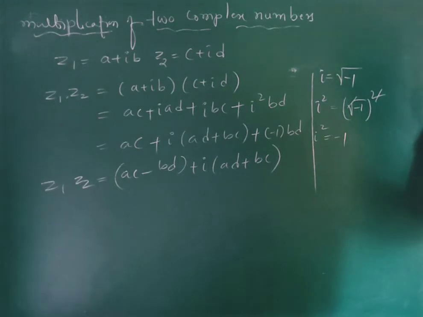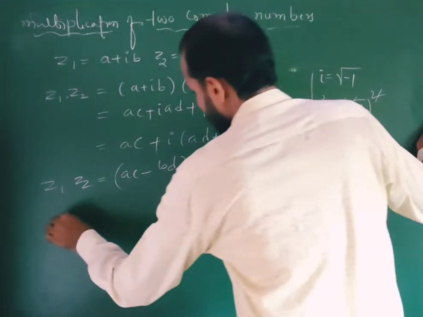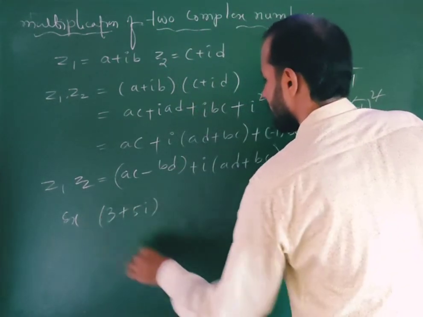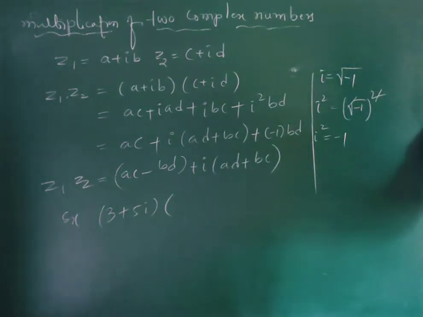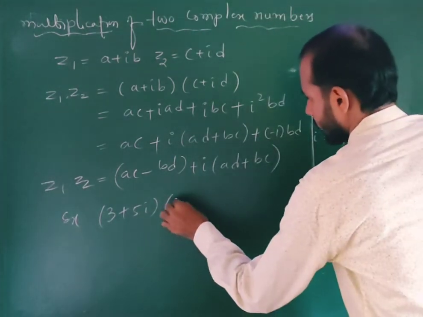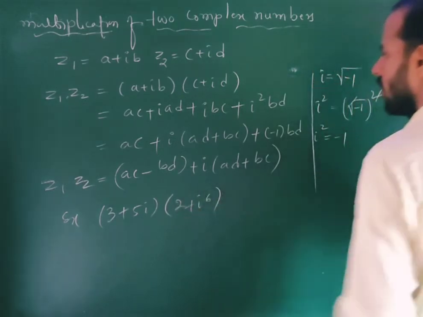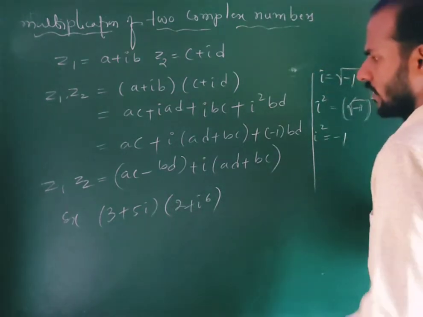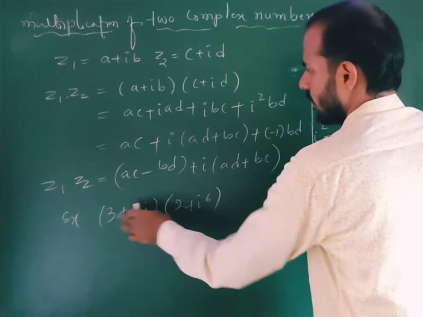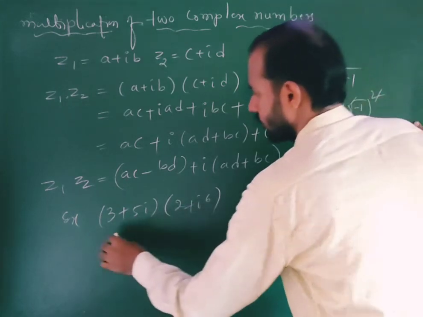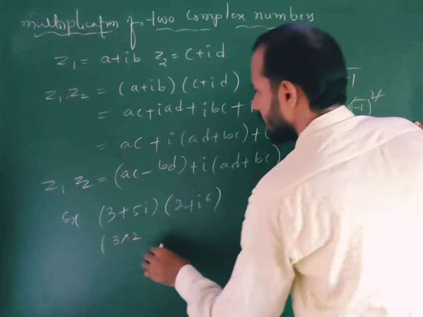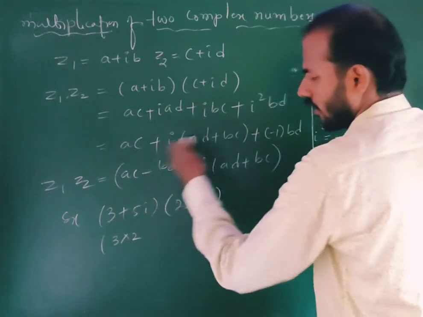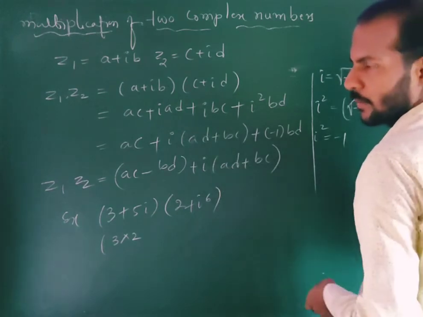Let us consider an example for this also. For example, 3 plus 5i into 2 plus 6i. Now we can multiply directly, step by step as usual, or we can use the Z1 into Z2 formula.